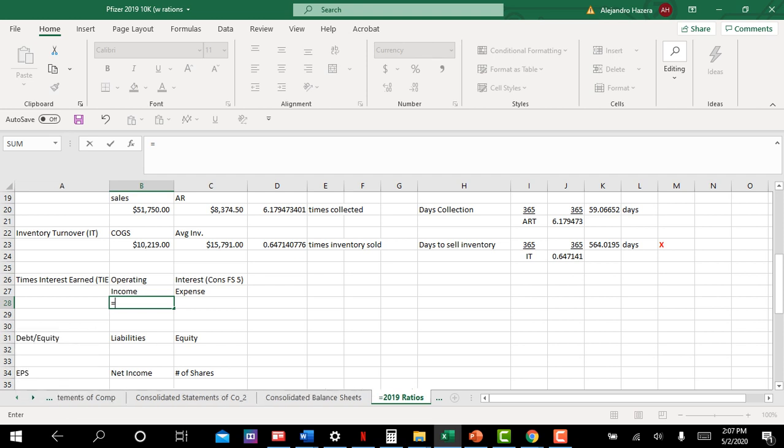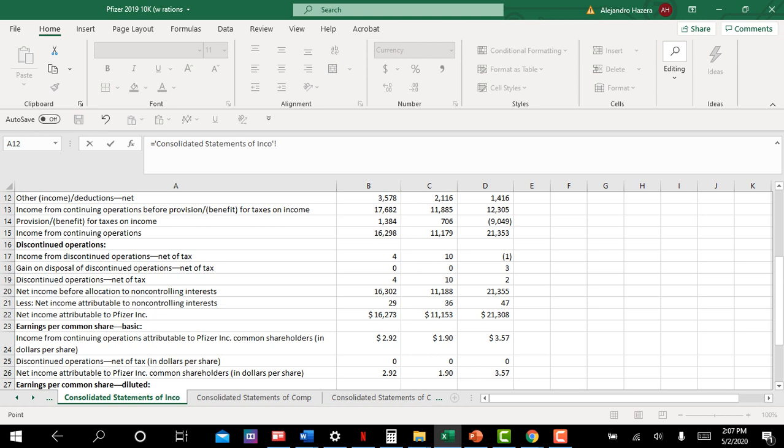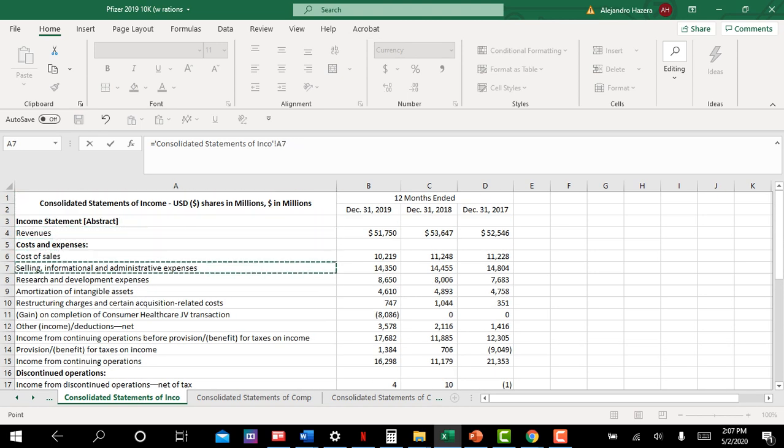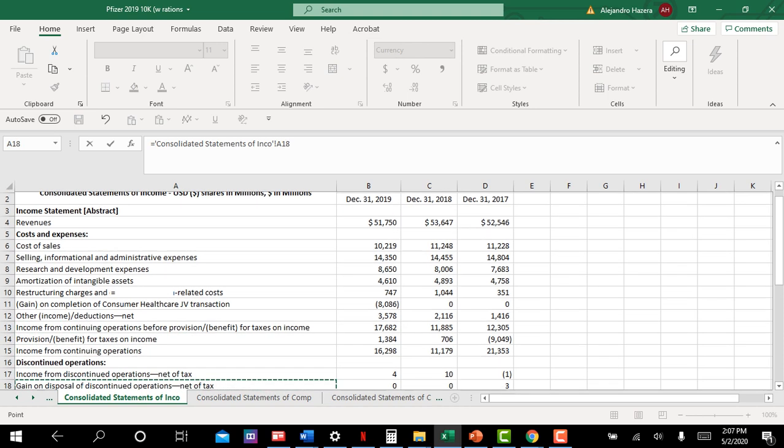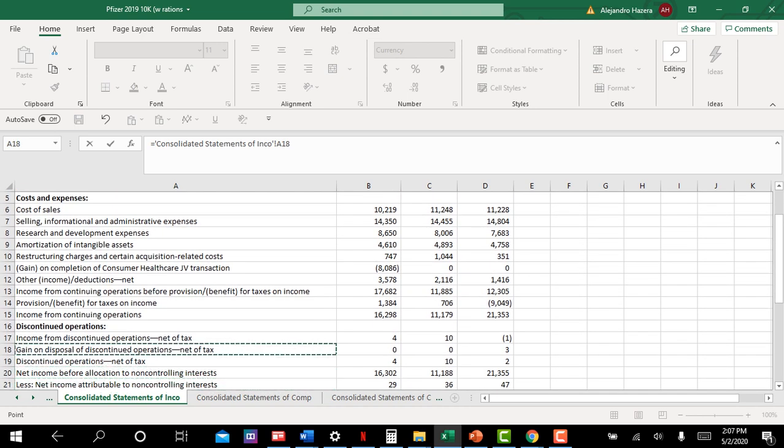For operating income, these are both income statement based ratios. To get your operating income, we're going to go to the consolidated statement of income, their income statement, and you're going to see income from continuing operations before provision for income taxes.